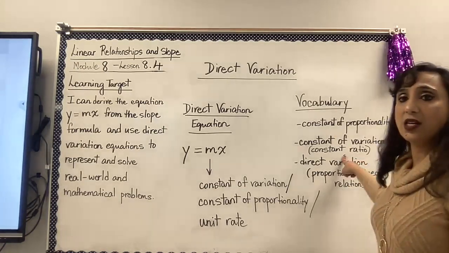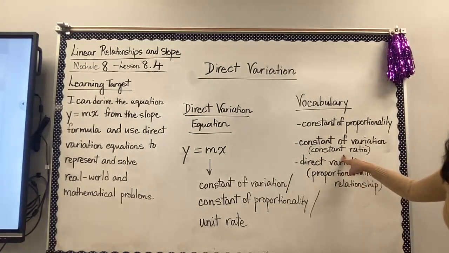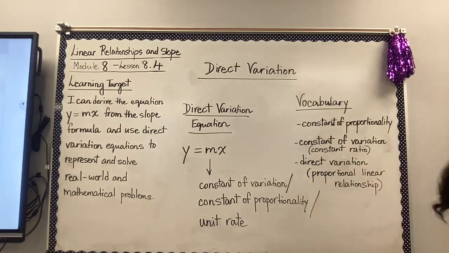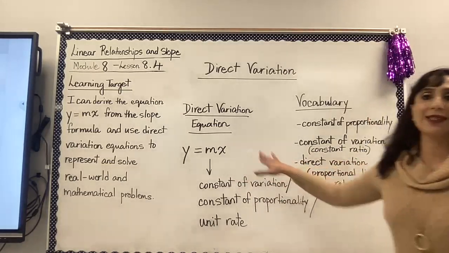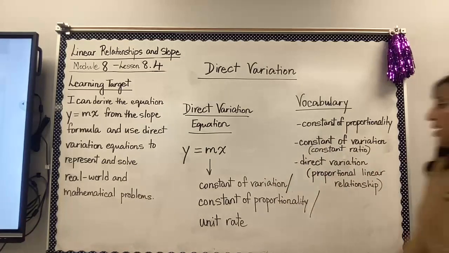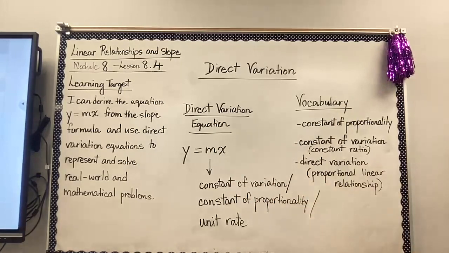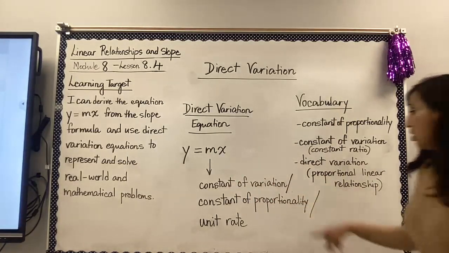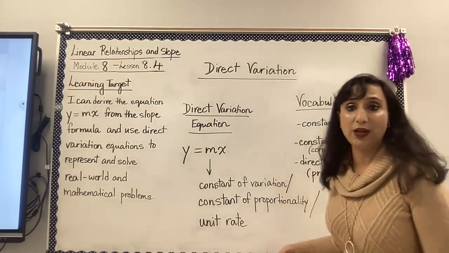So the constant ratio is called either the constant of variation or the constant of proportionality. In the direct variation equation, y = mx, m is representing the constant of variation, or it's also representing the constant of proportionality and the unit rate.